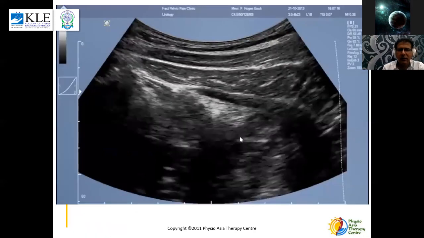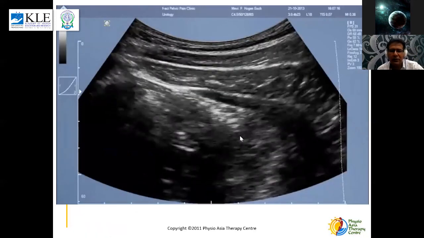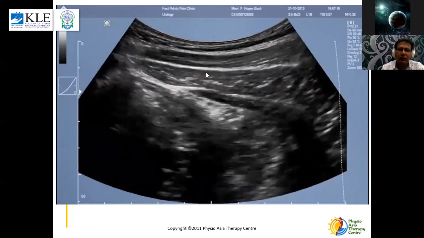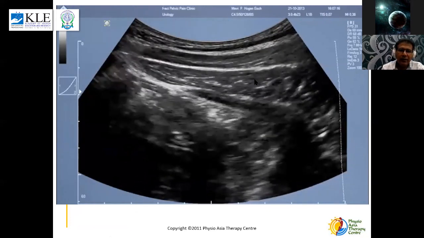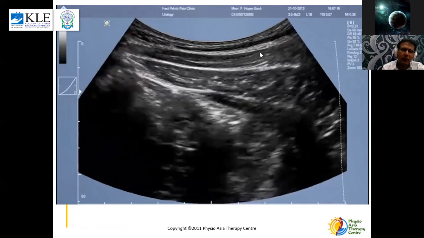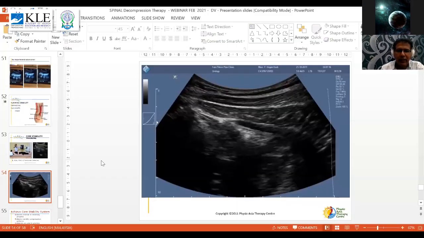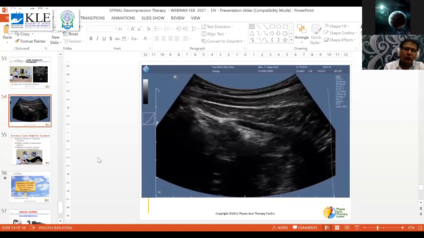And this is a quick recording of how the muscle contraction looks. So this is your transverse abdominis, you can see here, and your internal oblique, and this is your external oblique. So these are the techniques that we are actually utilizing in complete management of patient from acute to chronic stage of development.